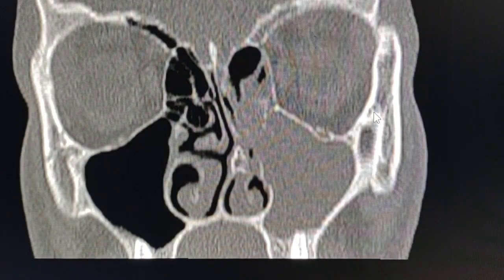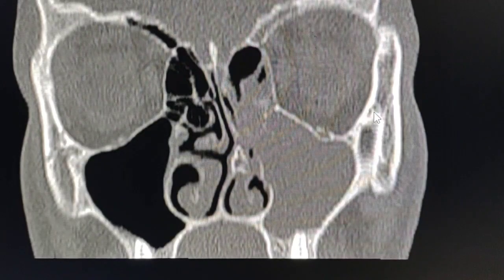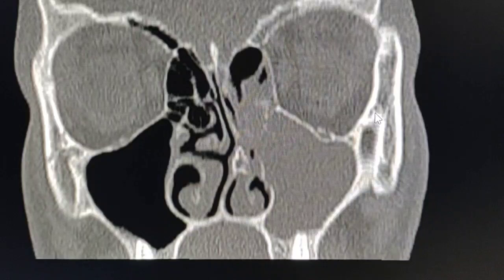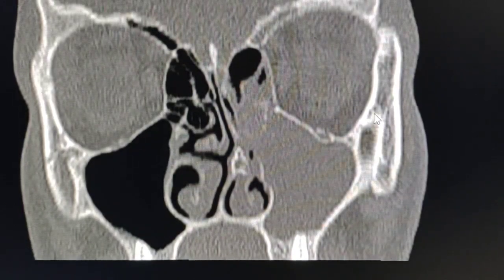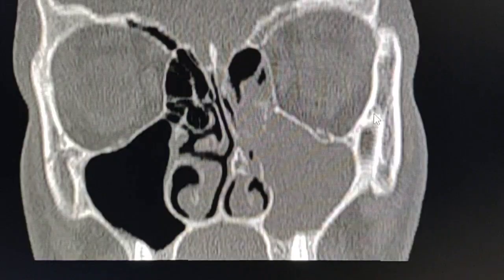This is the CT scan of the facial bones of this patient, a 14-year-old girl, who presented with the typical symptoms of Pott Puffy tumour, and we will discuss the findings a little later.